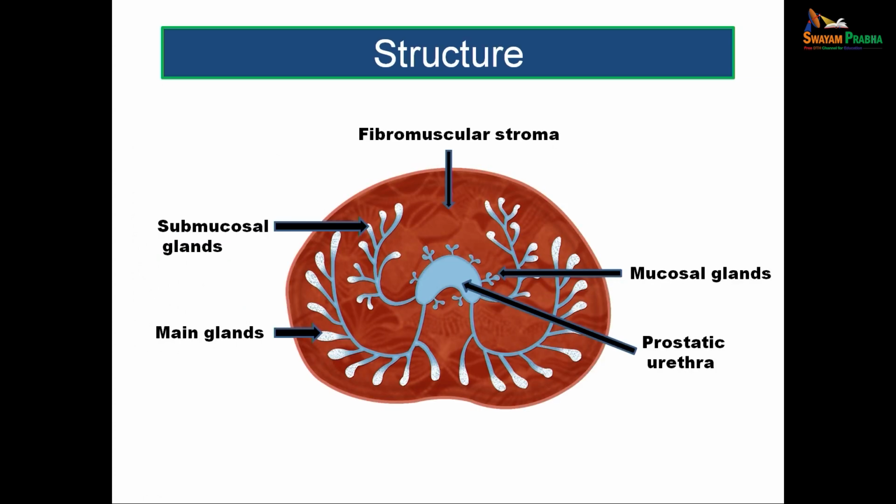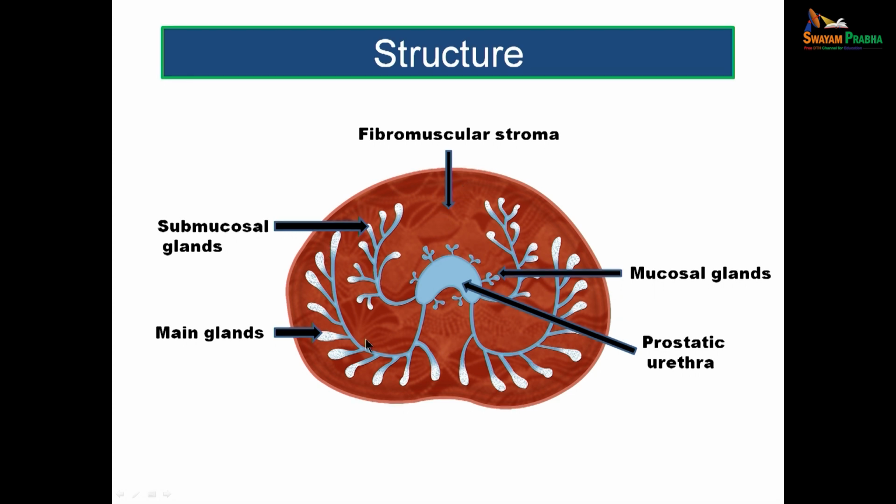Let us look at the structure of the prostate. The prostate is made up of 3 different structures. It is a fibromusculoglandular organ. So, it has fibers, it has muscles and it has glandular tissue. The fibers and the muscles will form the fibromuscular stroma, and this stroma is present as a thick part in the anterior part of the gland.